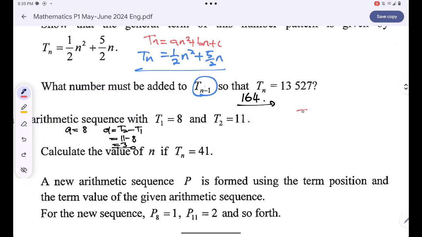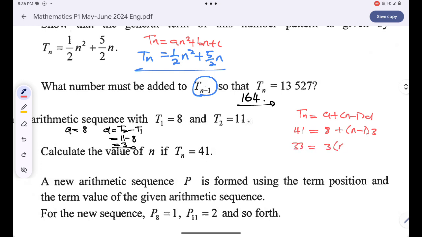So now I can simply find n, because I know that Tn is equal to a plus n minus 1 d. Tn, we are given it to be equal to 41. A is equal to 8. N minus 1, the difference is equal to 3. Then 41 minus 8 will simply give me 33.